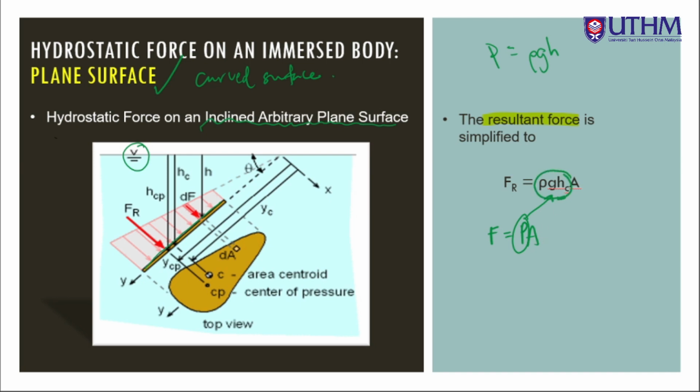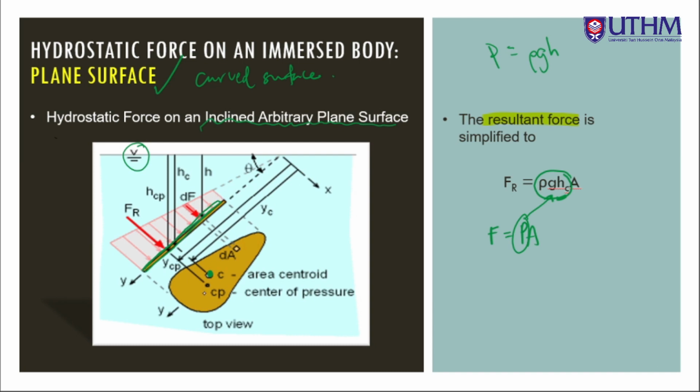Sebab apa HC? Saya akan terangkan inilah. So C, actually bila kita cakap inclined plane surface, kita ada satu titik centroid. Titik centroid ni adalah titik tengah kepada this plane surface.